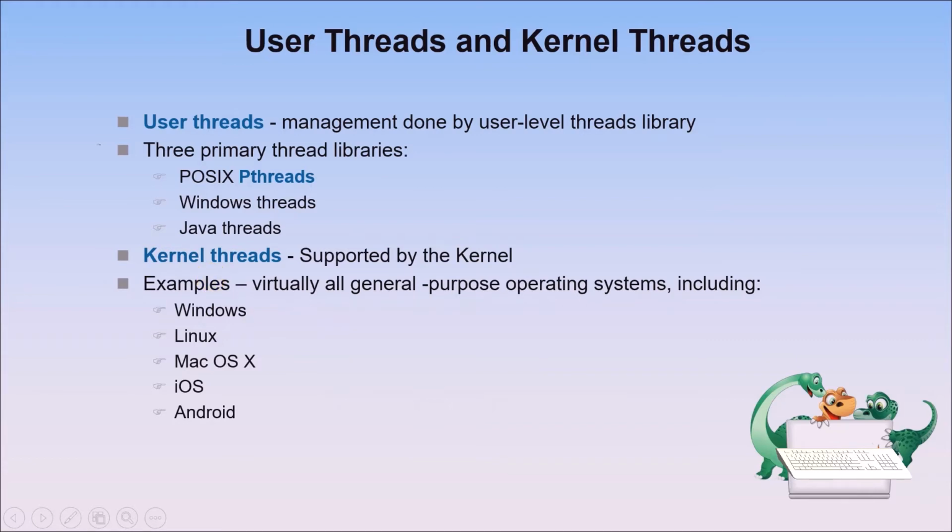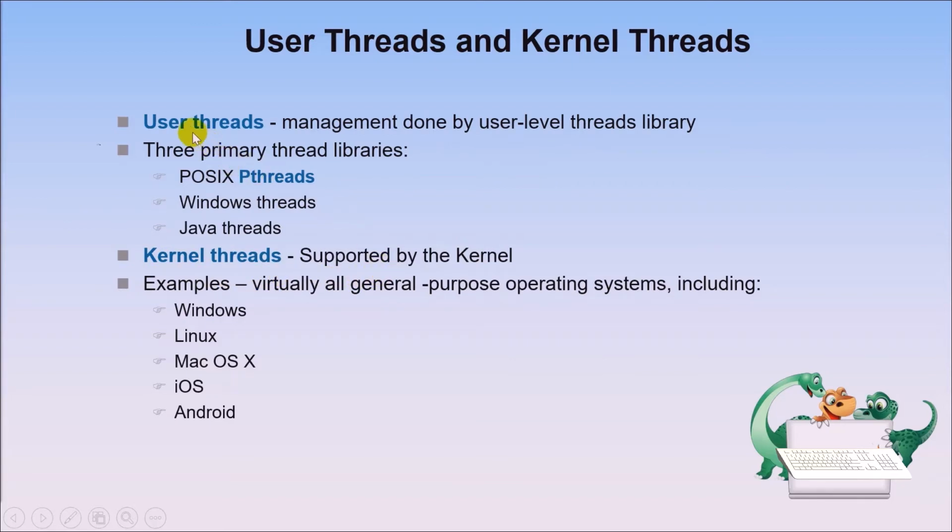All right, so next would be the user and the kernel threads. There are two types of threads to be managed in a modern system, and these are the user threads and the kernel threads. User threads are managed at the user level, and kernel threads are supported by the kernel.